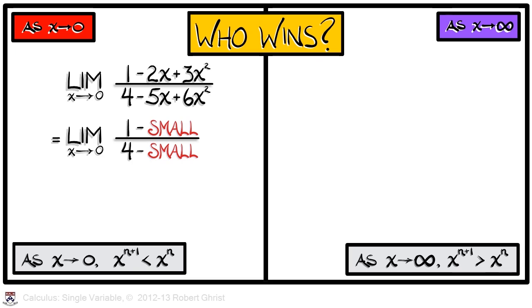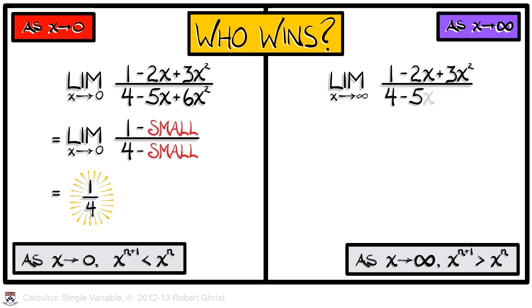As x is going to 0, all of the higher order terms in x are small, negligible, which means that we simply evaluate this limit and get 1/4, the ratio of the lowest order terms in x. On the other hand, if we look at this same limit as x goes to infinity, we can't do the same thing.